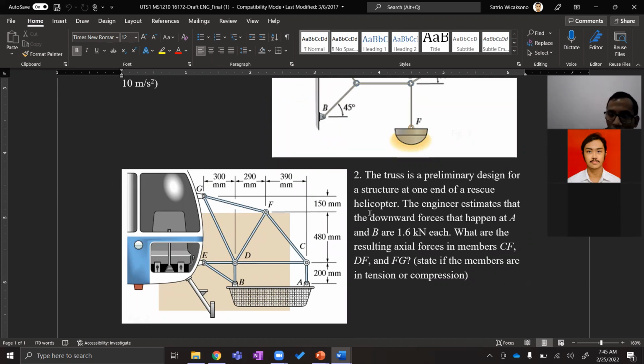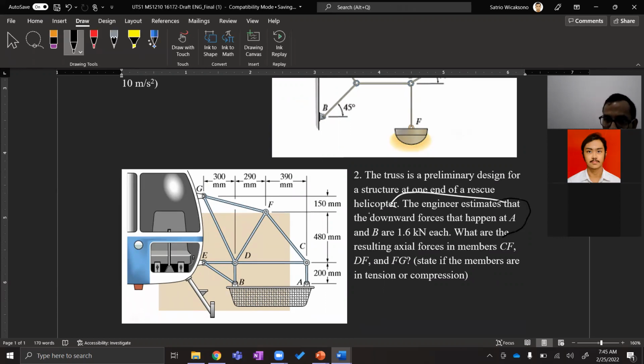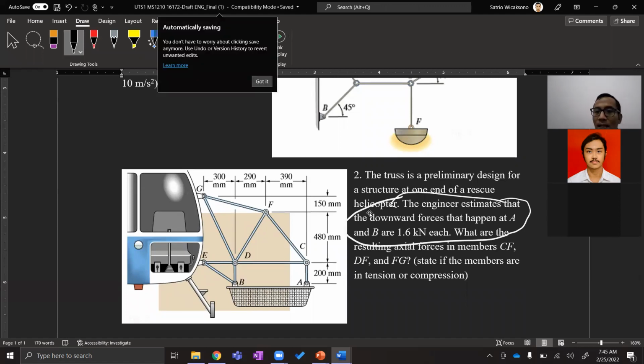Whenever you try to solve a problem, take a look at the problem carefully. You can see here that it is stated that the forces happening at A and B are 1.6 kilonewton each, which means at A there will be a downward force of 1.6 kilonewton, and at B there will be another downward force of 1.6 kilonewton.